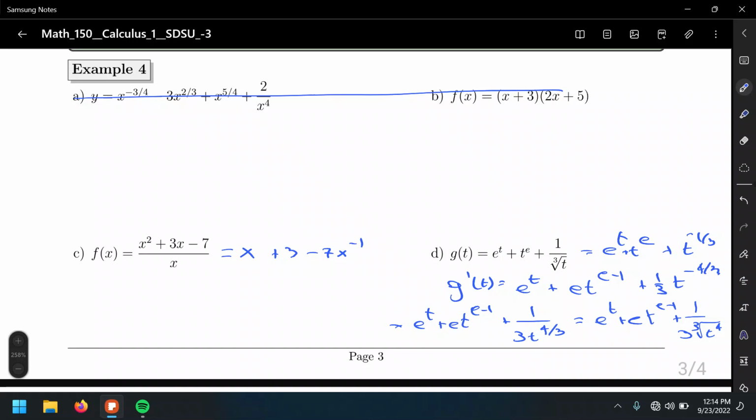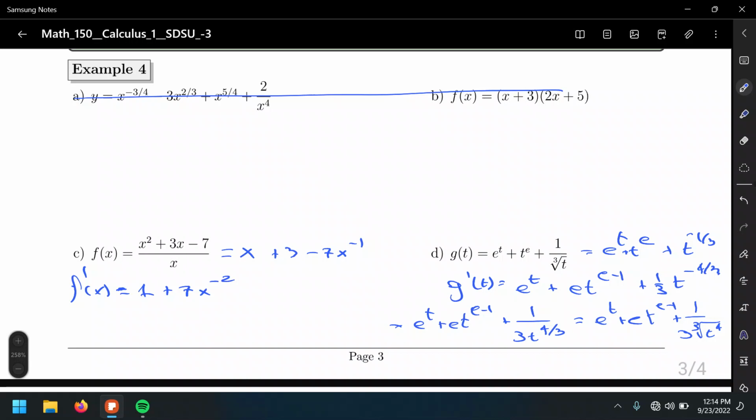So the derivative of the function: what's the derivative of x? 1. What's the derivative of 3? 0. What's the derivative of negative 7 x to the negative 1? Multiply the power with the coefficient: negative 1 times negative 7, that's a plus 7. x to the negative 1 minus 1, which is negative 2.